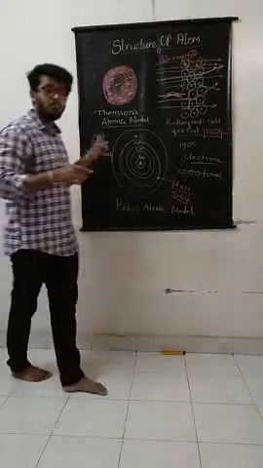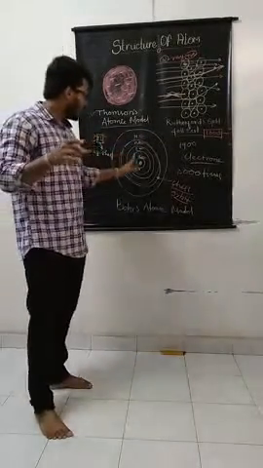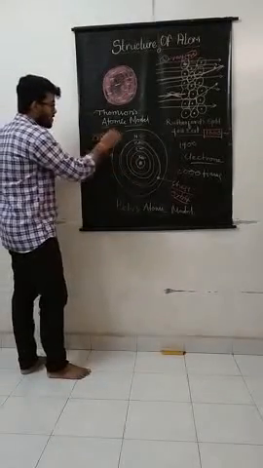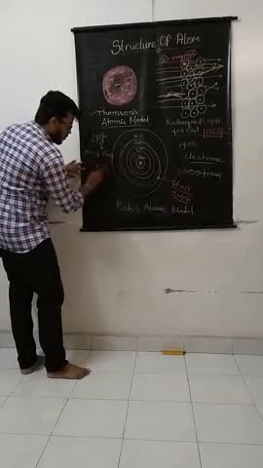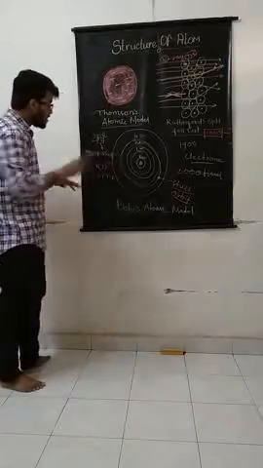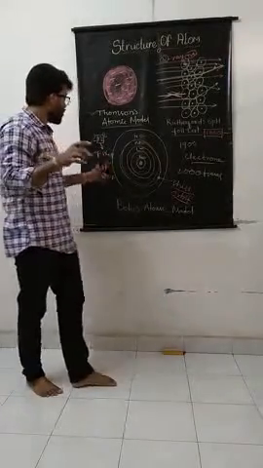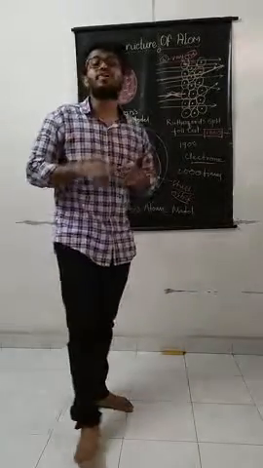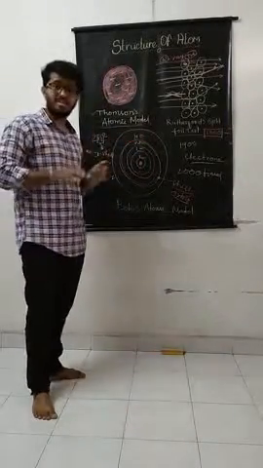From that formula, we get that the first shell contains 2 electrons, and the second shell contains 2 into 2 to the power 2, which means 2 into 4, that is 8 electrons. Similarly, the third shell can have 18 electrons, and the fourth can hold 32 electrons.